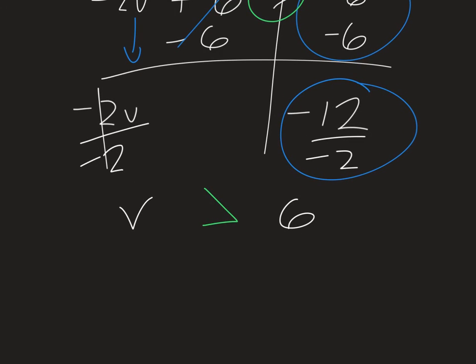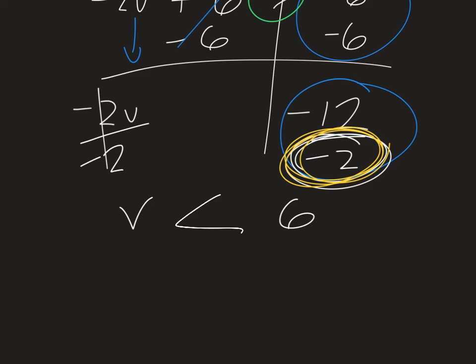But I'm going to remember my rule about inequalities that says if you divide by a negative, which we did, again, that means that you need to flip the inequality symbol. So I'm going to change that from a greater than to a less than. And so this will be the final answer that you would type into the Google form if that's what you're doing.